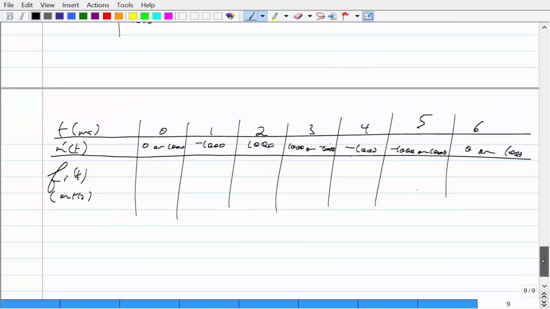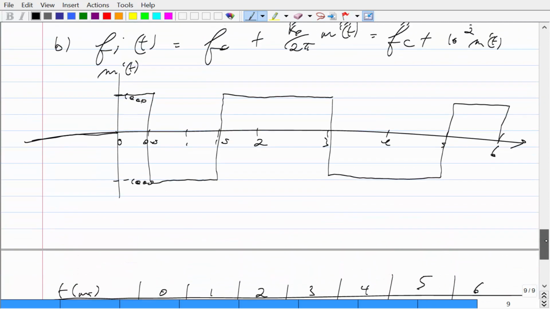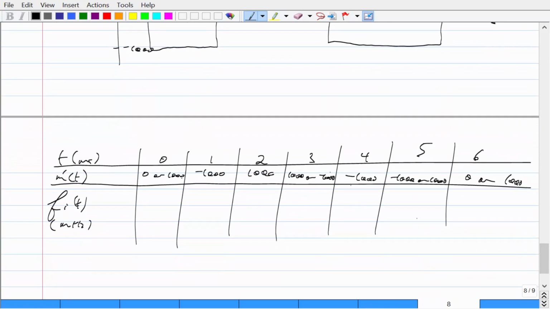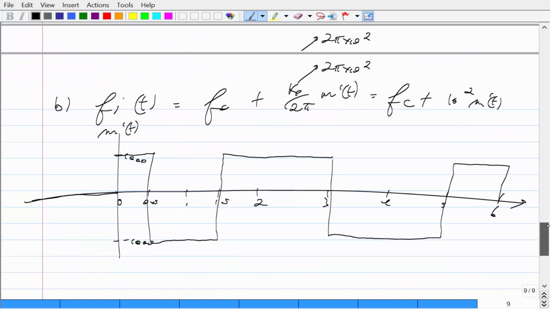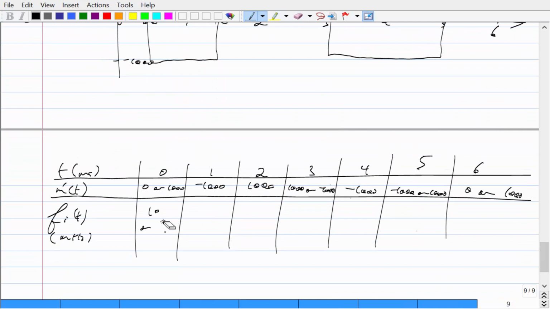In this case, the frequency is in megahertz. So you have the carrier added with 100. If you had 100 here, then 1,000 times 100 will give you 10,000 again. So this will give you either 10 or 10.1.